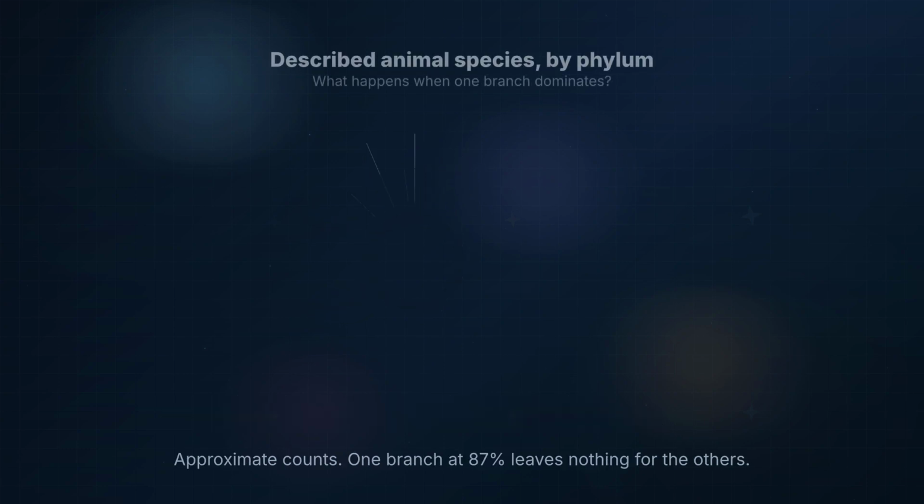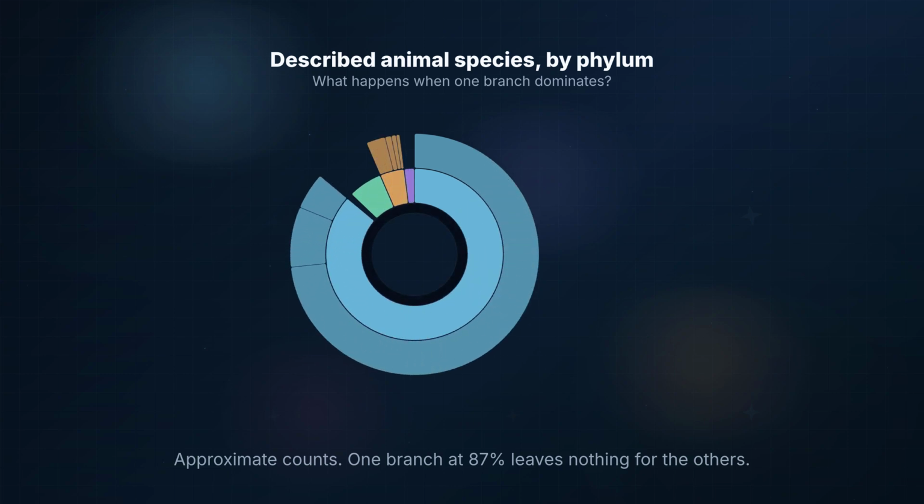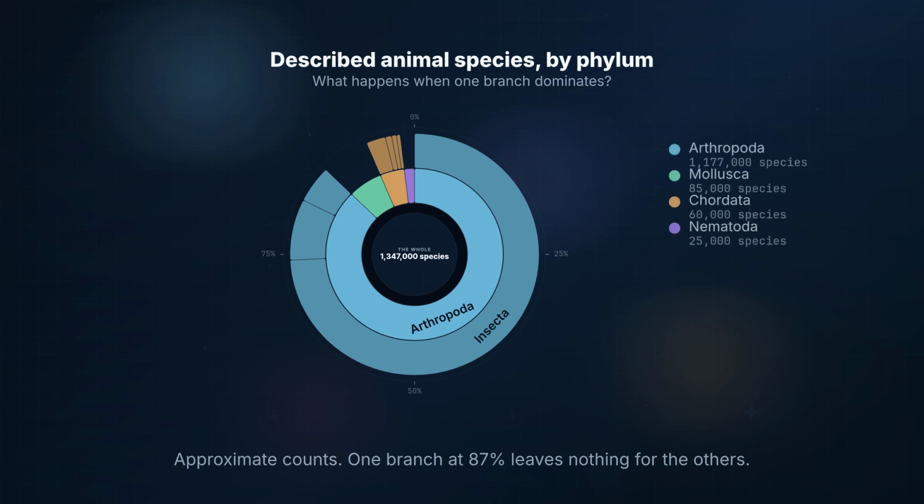Now a case where the hierarchy is real and the chart is wrong. Taxonomy is the textbook example of nested data, so people reach for a sunburst constantly. These are approximate counts of described animal species by phylum and class. Arthropods are somewhere around 87% of the total, and insects account for most of them.